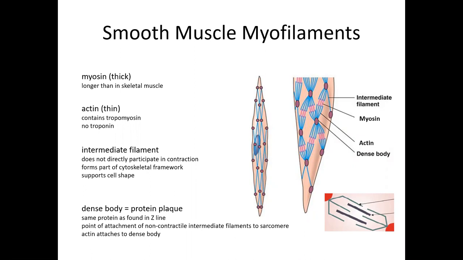And to the dense body, actin will attach to anchor it. And in addition to that, the intermediate filaments, those non-contractile filaments, will also attach to it. And so that's kind of how those intermediate filaments not involved with contraction are actually related to the contractile elements of the sarcomere.